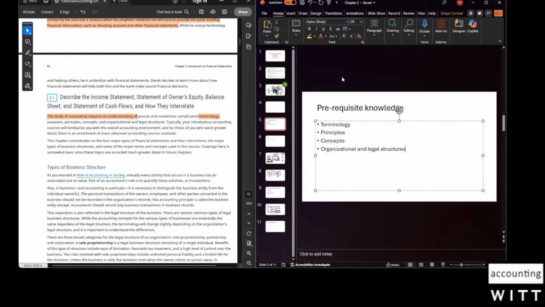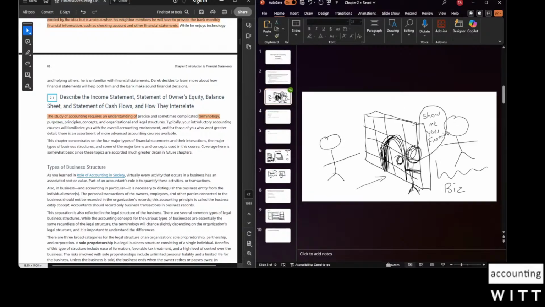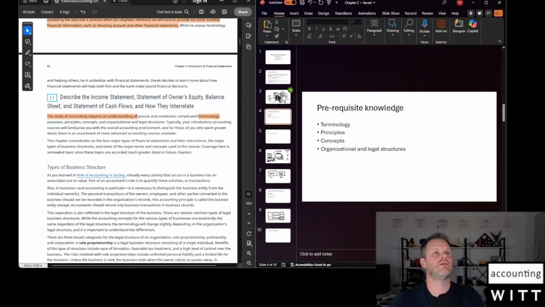So that's what's going on here: to learn accounting, to be able to play this game, you have to know certain terminology, principles, concepts, organizational and legal structures.